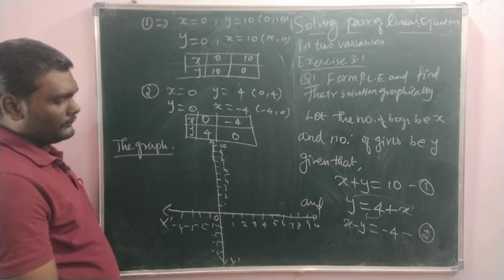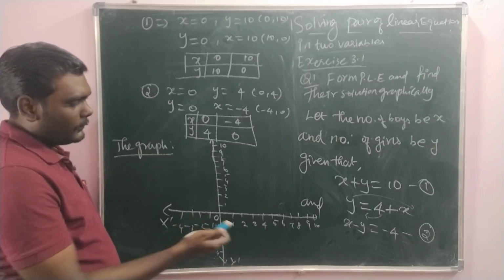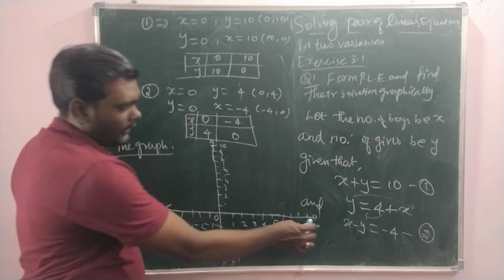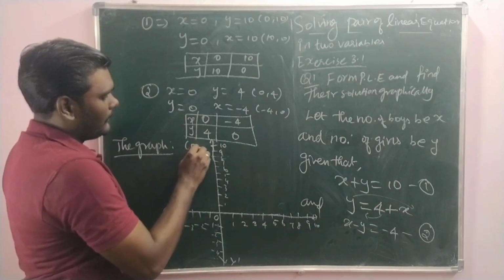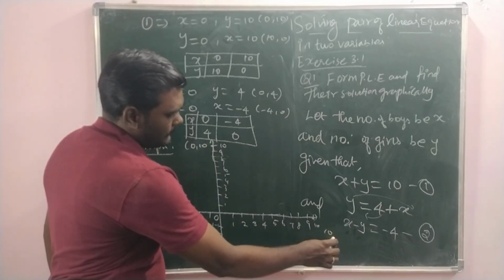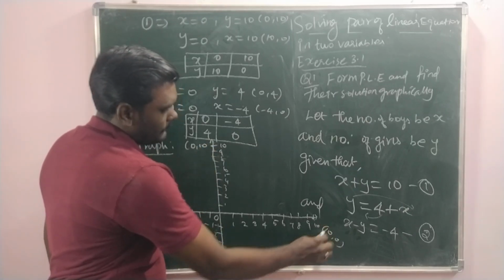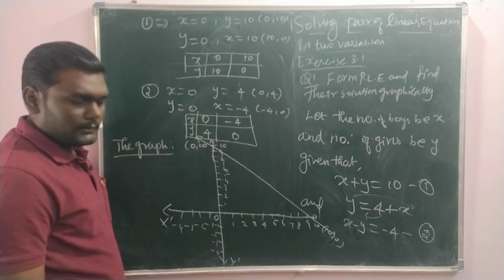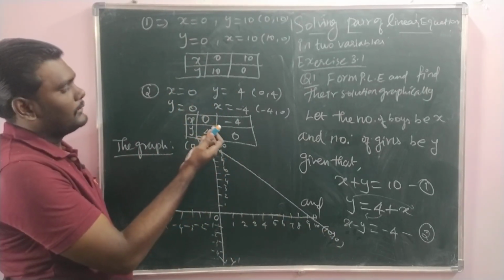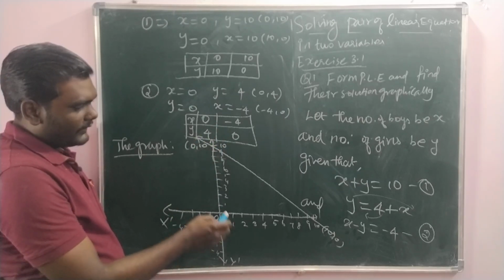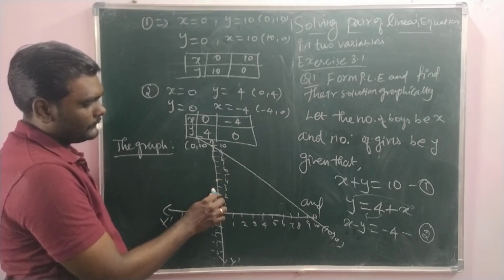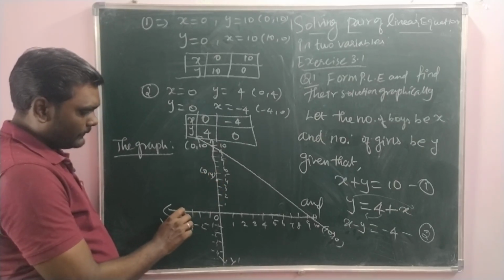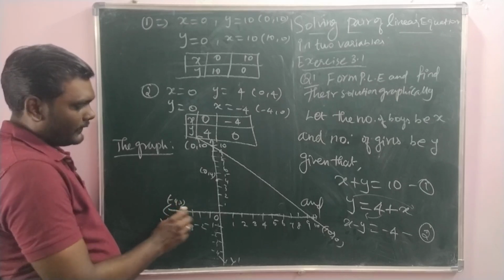Now we'll plot the points here. 0 comma 10: x axis 0, y axis 10 here, and y axis 0, x axis 10 here. So this is 0 comma 10, this is 10 comma 0. We connect these two. And 0 comma 4: x axis 0, y axis 4 here, and minus 4 comma 0: x axis minus 4, y axis 0.